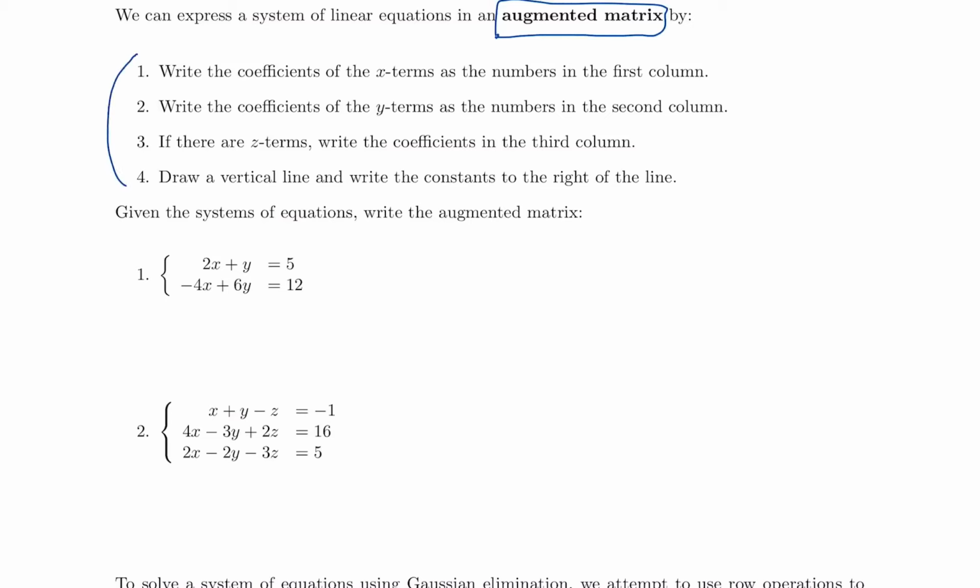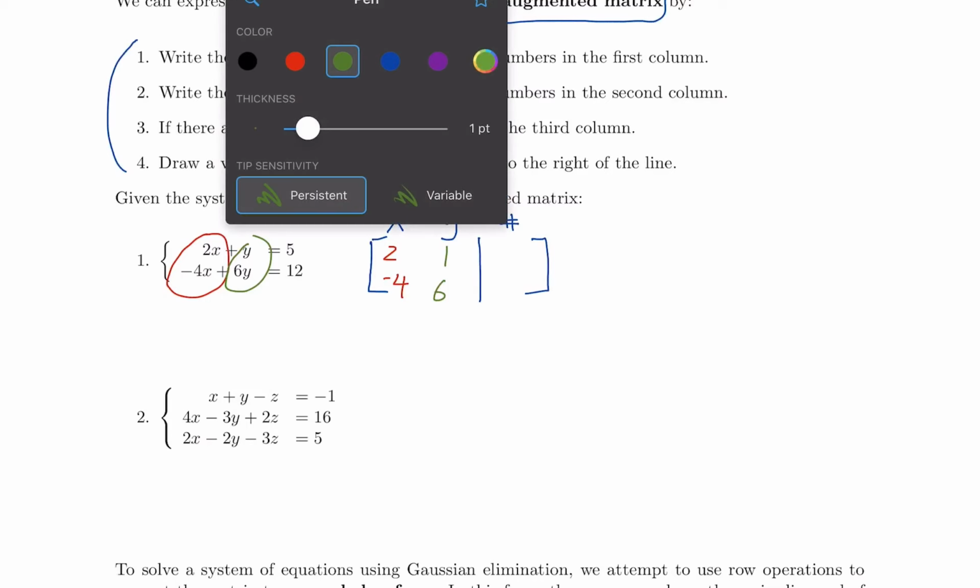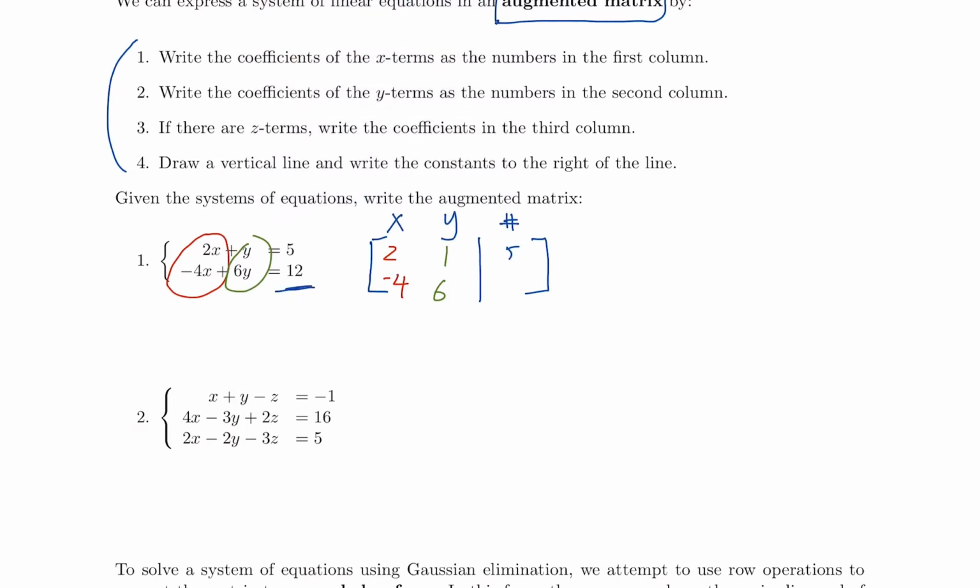Here I'm going to write the coefficients of x and the coefficients of y, and here will be just the numbers themselves. The coefficients of x come from here, so I'm going to write 2 and -4 here. And then the coefficients of y are 1 and 6. And lastly, these are just numbers, so 5 and 12. This matrix is called an augmented matrix. It represents these two linear equations.